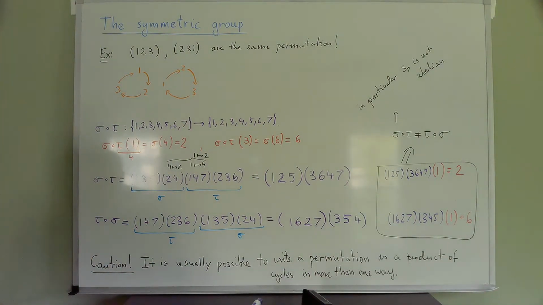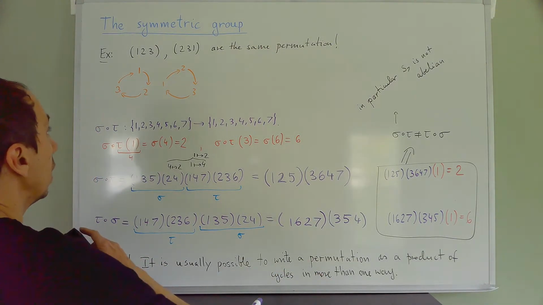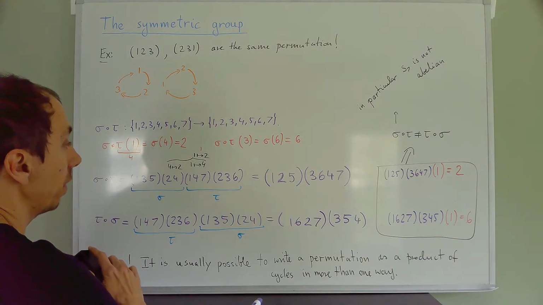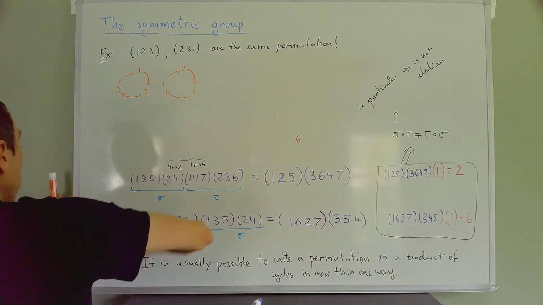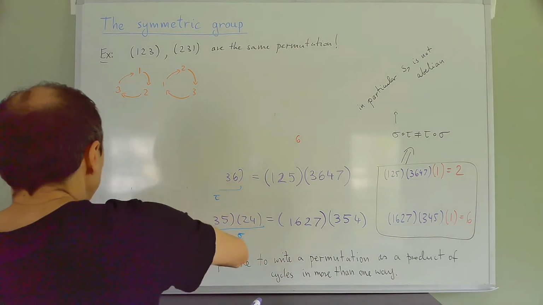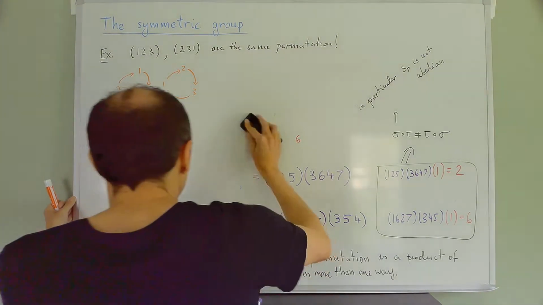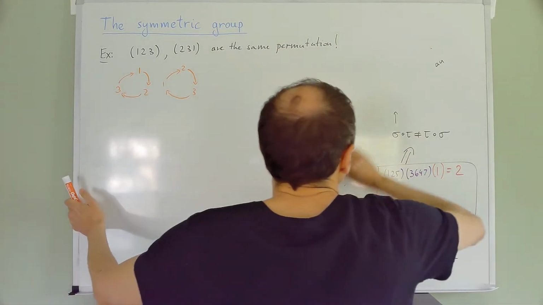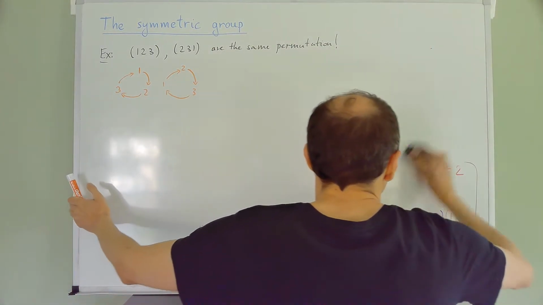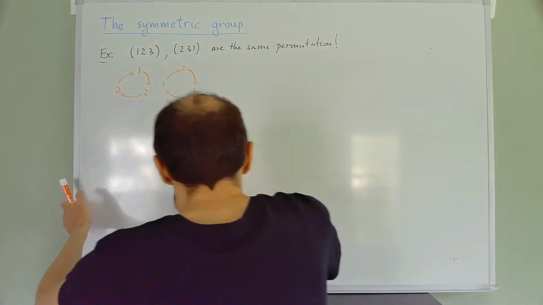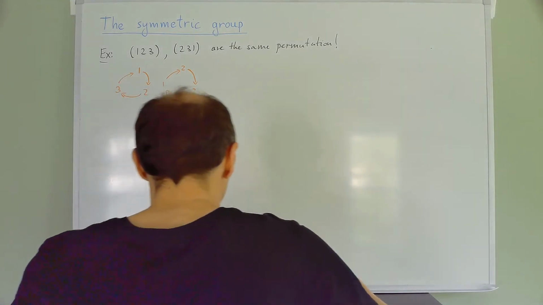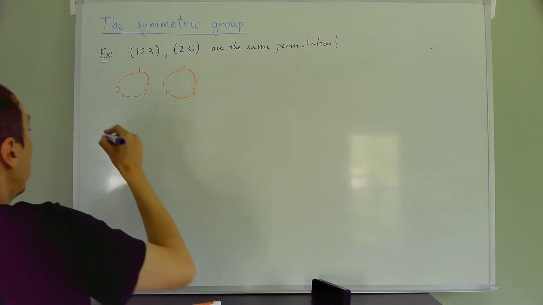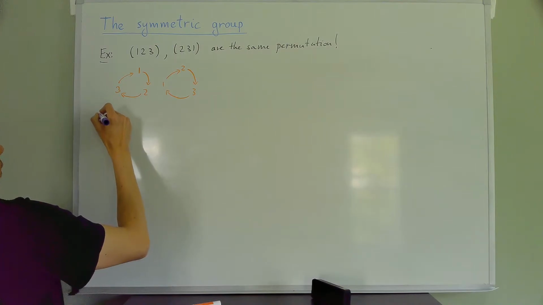Okay. Let's look now at the orders of various cycles. For this, let's first define the length of a cycle.